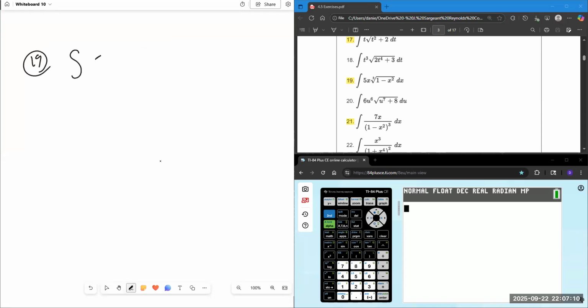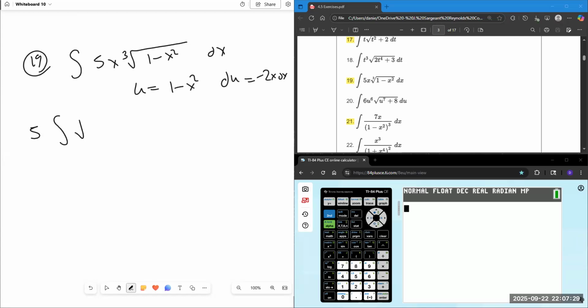The integral of 5x times the cube root of 1 minus x squared dx. U is the inner function, 1 minus x squared. Du is negative 2x dx, so that 5 is not helpful. I need the cube root of 1 minus x squared dx, and I need a negative 2 and divided by a negative 2.